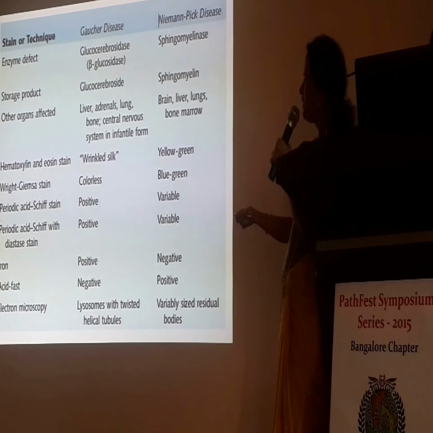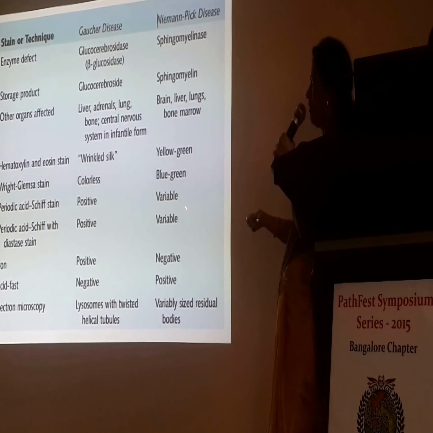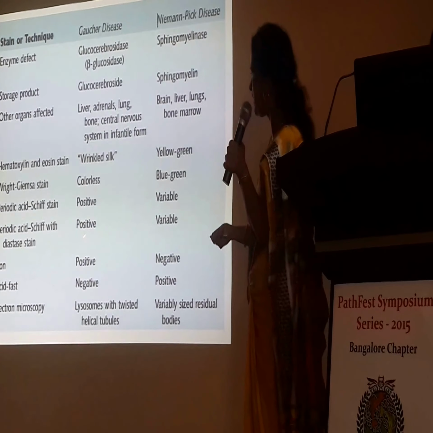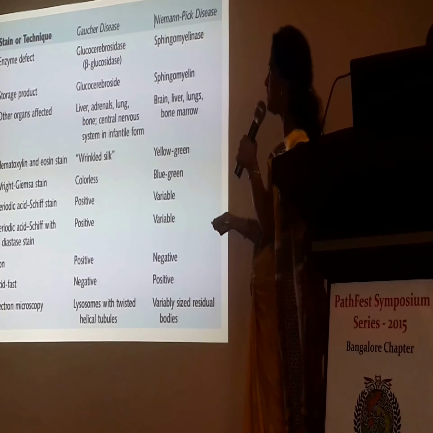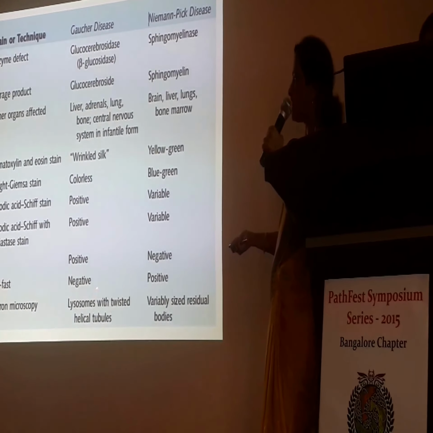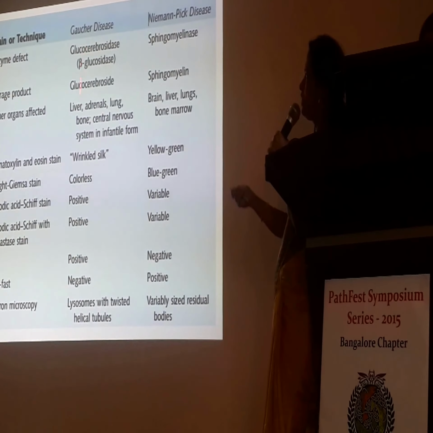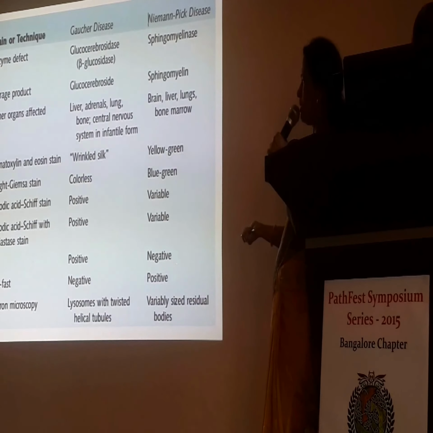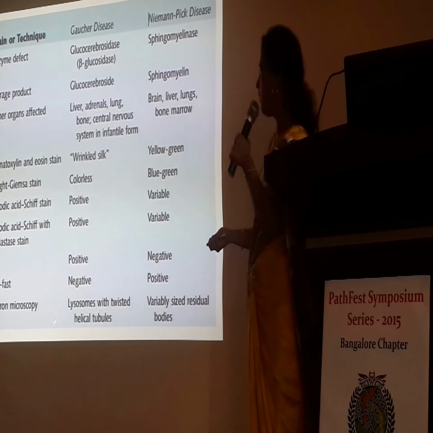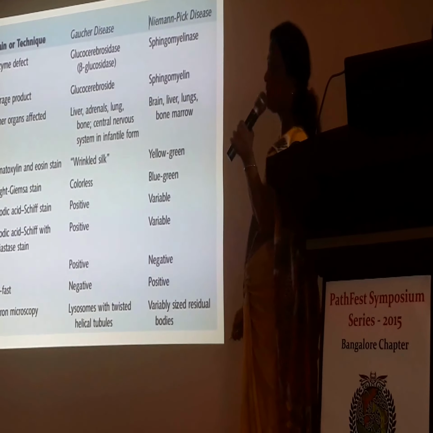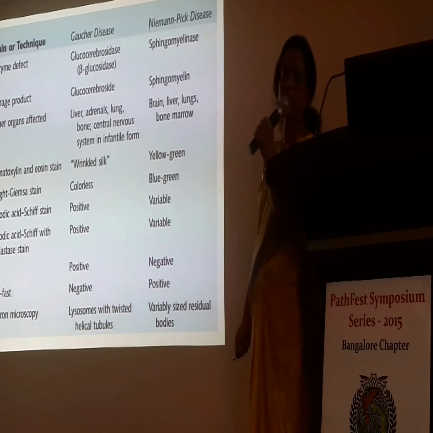PAS is variably positive here. With diastase, PAS is positive in Gaucher because it's glucocerebroside. Another stain, Perls' stain, is positive for Gaucher's disease, whereas here it is negative. Then of course, with electron microscopy, you can see the characteristic features.